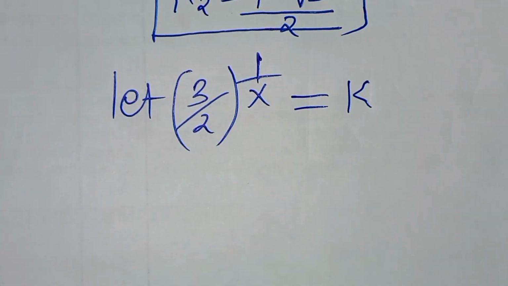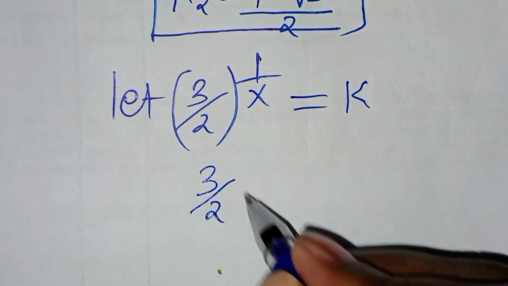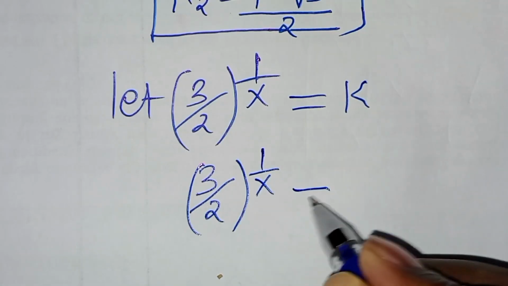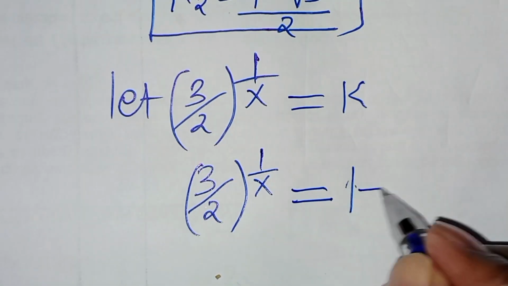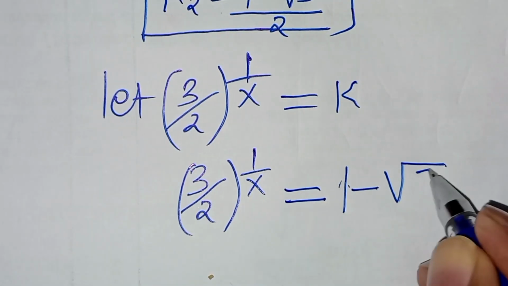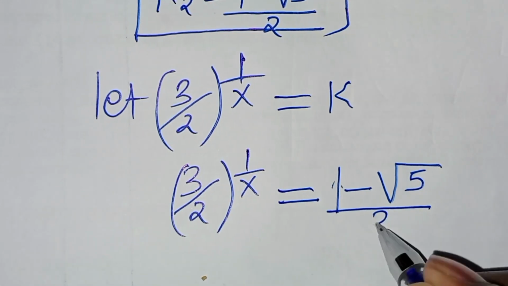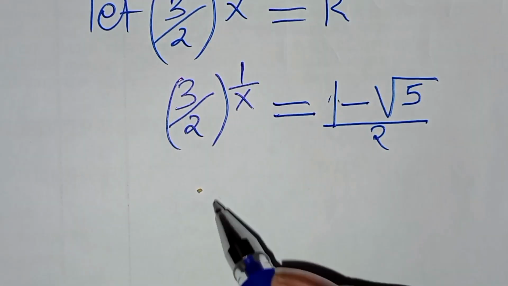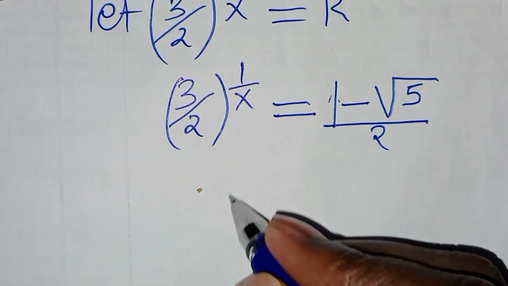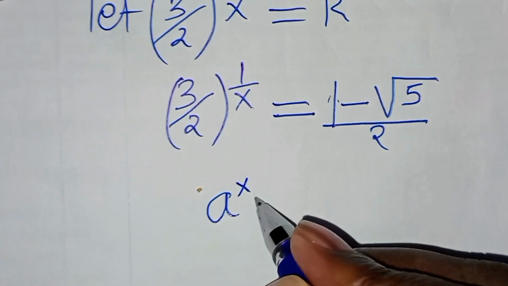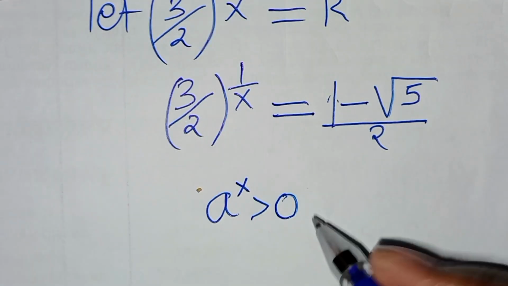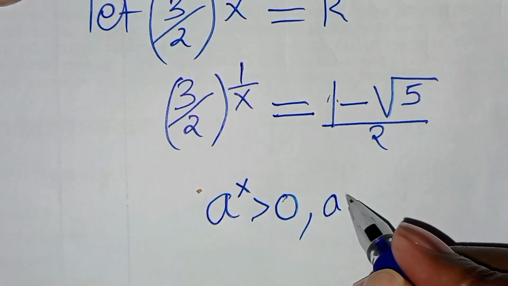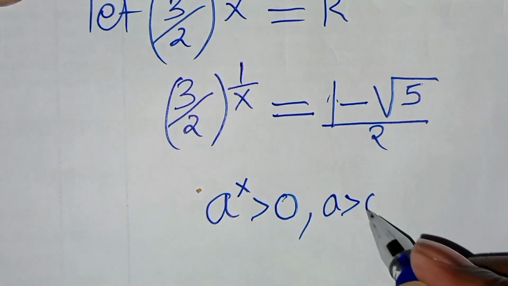Substituting k2, we have (3/2)^(1/x) equal to (1 − √5)/2. If a^x is greater than 0, then a is also greater than 0.